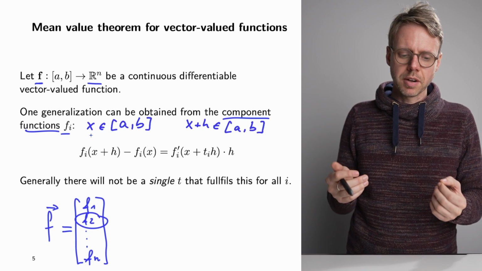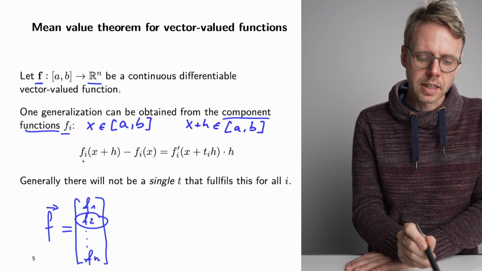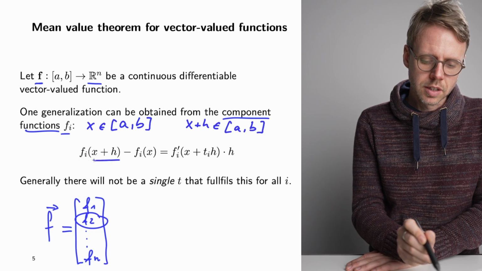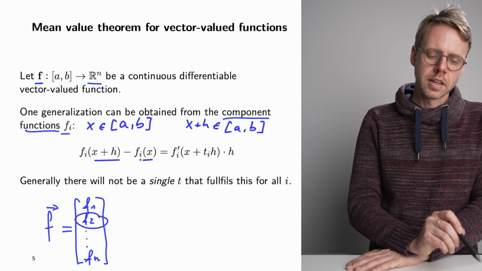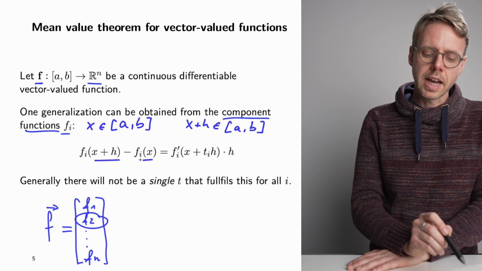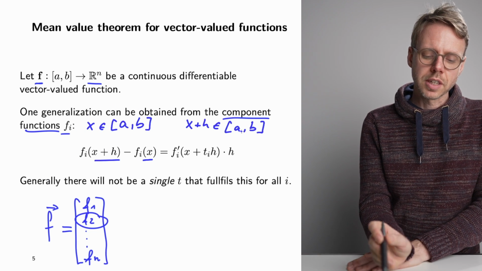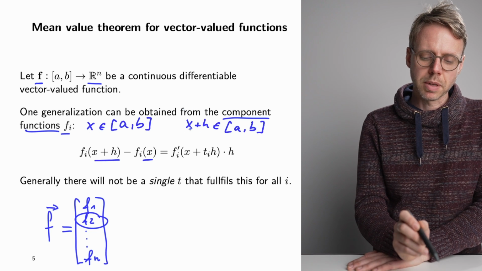So the mean value theorem says that the ratio between the differences in the function values at the 2 points, so fi at x plus h and fi at the point x, divided by the difference between the 2 points, and what's the difference between x and x plus h?